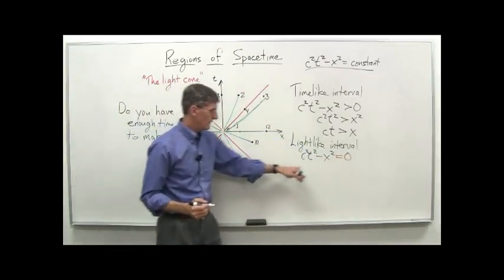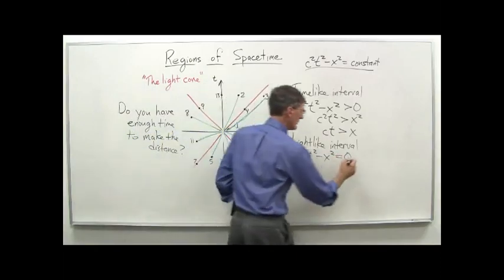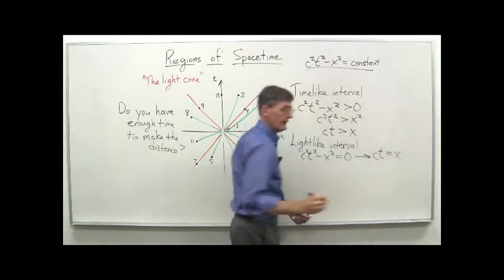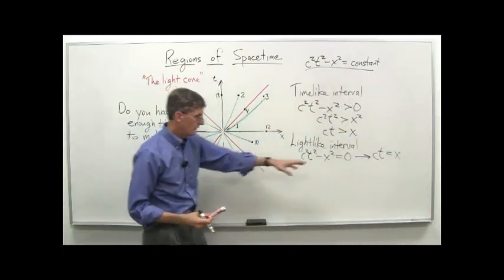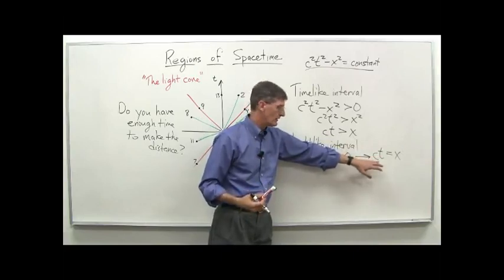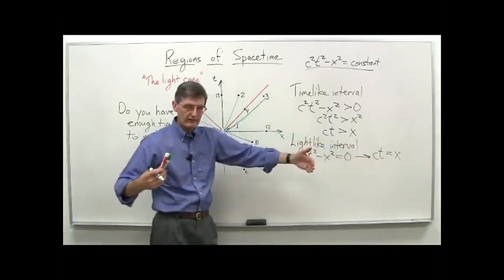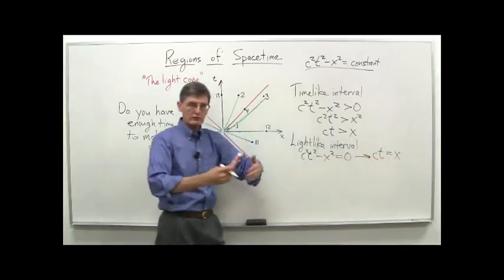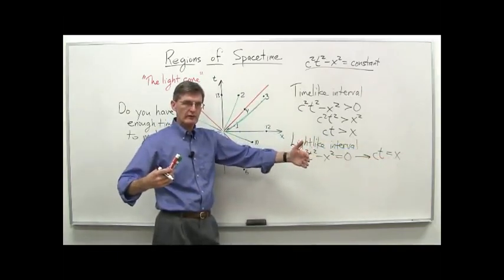Pull the x squared to the other side, take the square root, and from this you get that ct equals x. And as we were just talking about, if ct is the maximum distance anything can go in that given time, because this represents the speed of light traveling over a given time, that means the distance x is exactly equal to that maximum amount of distance I can cover.